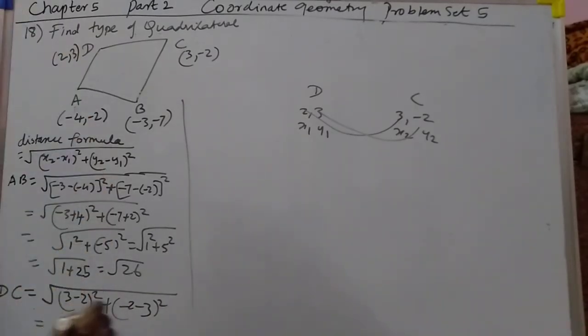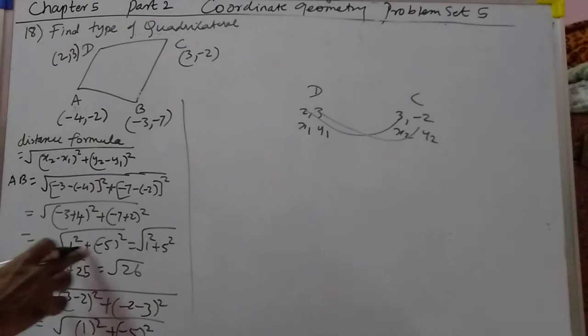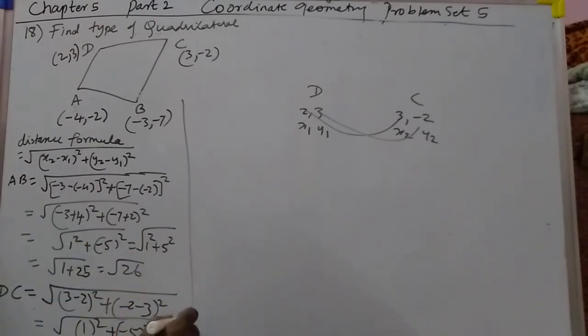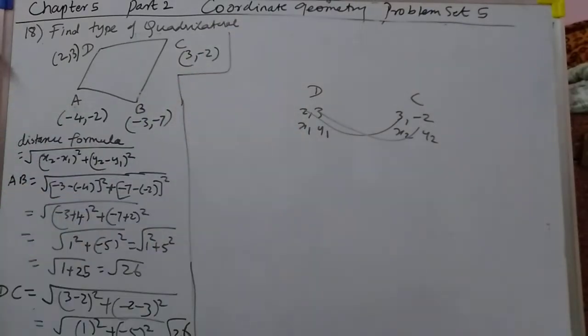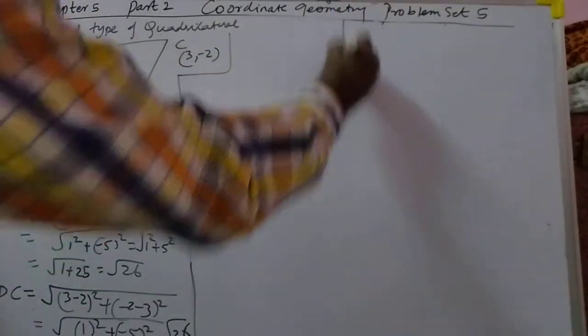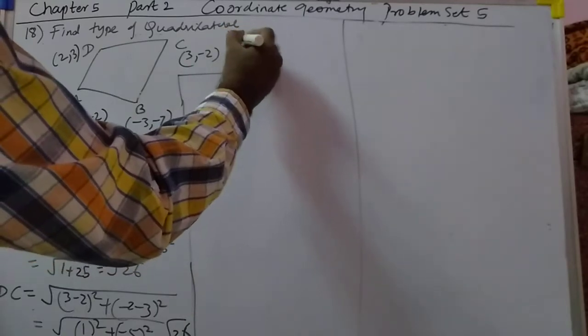So that will become 1 square plus -5 the whole square. Okay, that we calculated here 1 square. So that is equal to root 26. Okay. Now let us calculate for AD, means it is coming same.